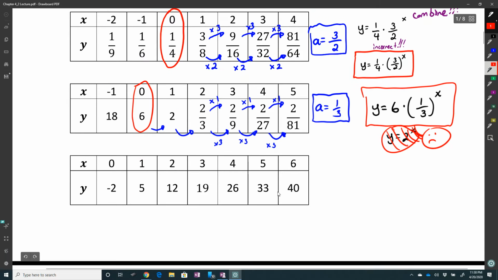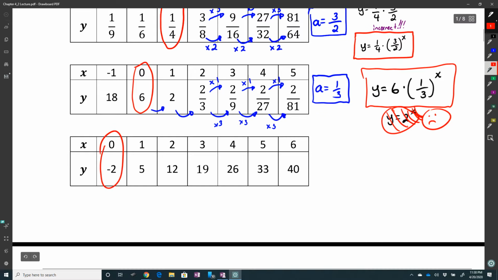Right? And now let's look at this last one. I just put this one there to show you stuff. So here we have 0, -2, but notice that there isn't a multiplier. We go from -2 to 5. We go to 5 to 12, from 12 to 19. So notice that this is different. Instead, this is +7 every time.